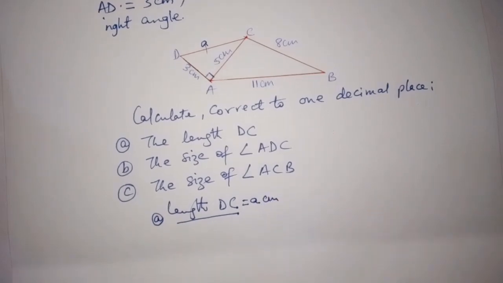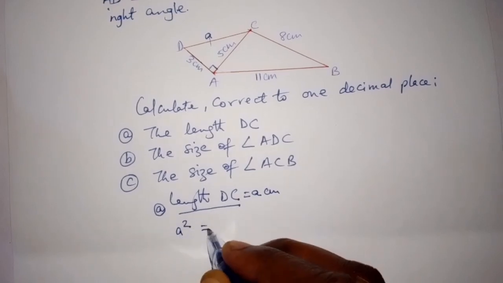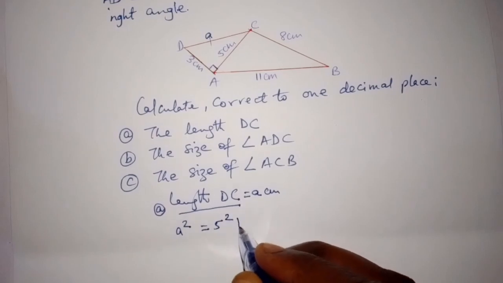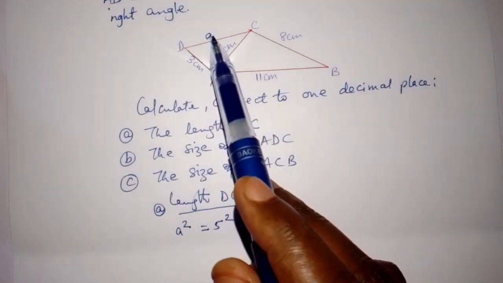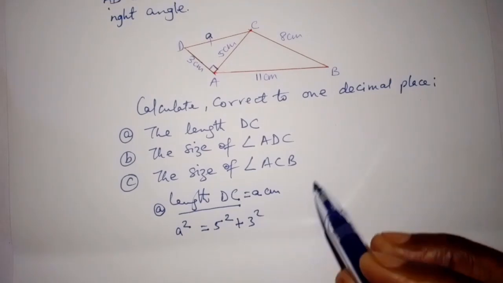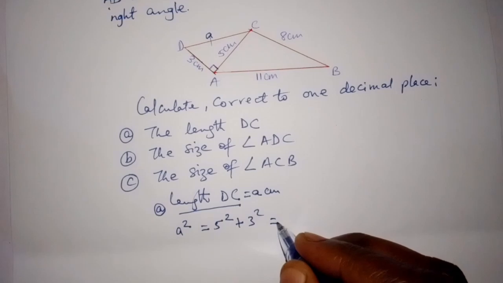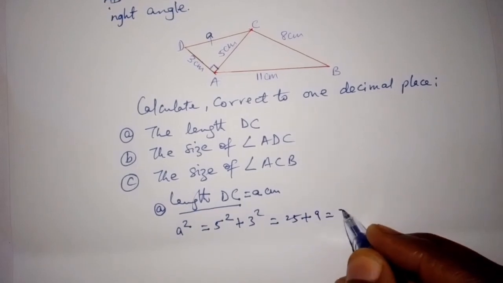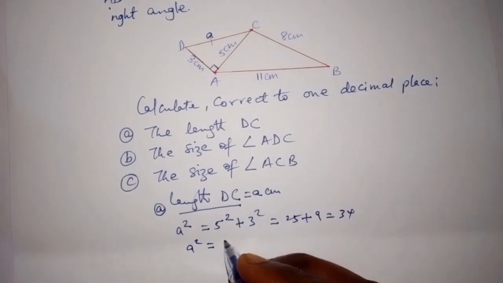By using Pythagoras theorem, we can say that a squared is equal to 5 squared plus 3 squared, and that is giving us 25 plus 9, which is equal to 34. a squared is equal to 34.